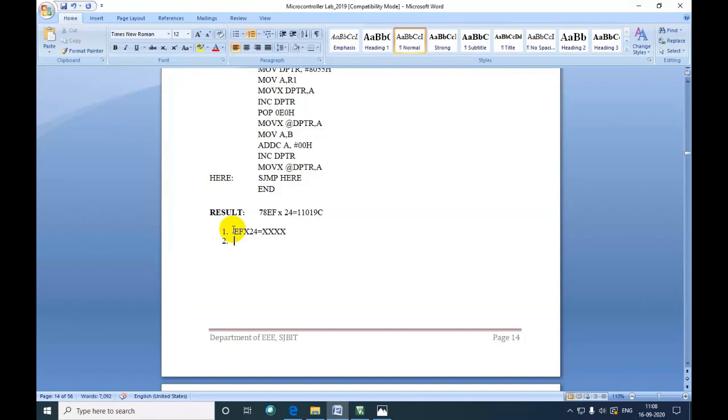Next, for the second stage, I would multiply 78 with the same multiplier, 24. Suppose I get the result YY here. How do I add it? I would first write down the first intermediate result, XXXX.